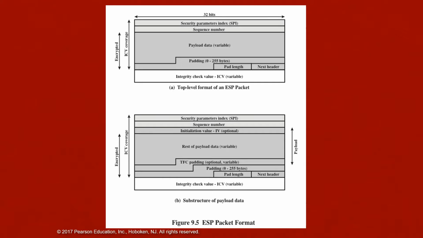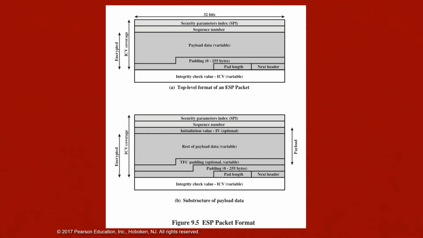Pad length, 8 bits, indicates the number of pad bytes immediately preceding this field. Next header, 8 bits, identifies the type of data contained in the payload data field by identifying the first header in that payload, for example, an extension header in IP version 6, or an upper layer protocol such as TCP.